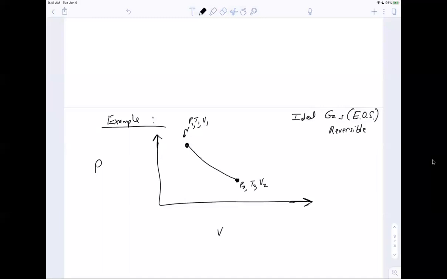Okay, it's not a line, it's a curve, and we'll be going in this direction. So it's an expansion. And I'll tell you that this is reversible. Let's see, we'll make this process B. Okay, and so B is adiabatic.